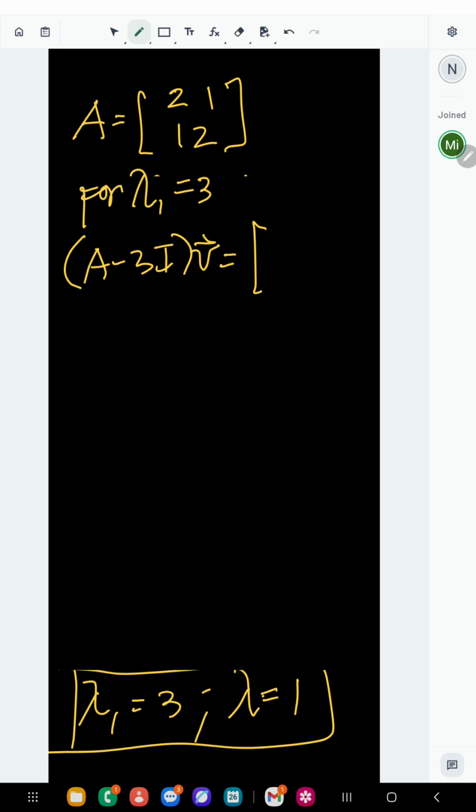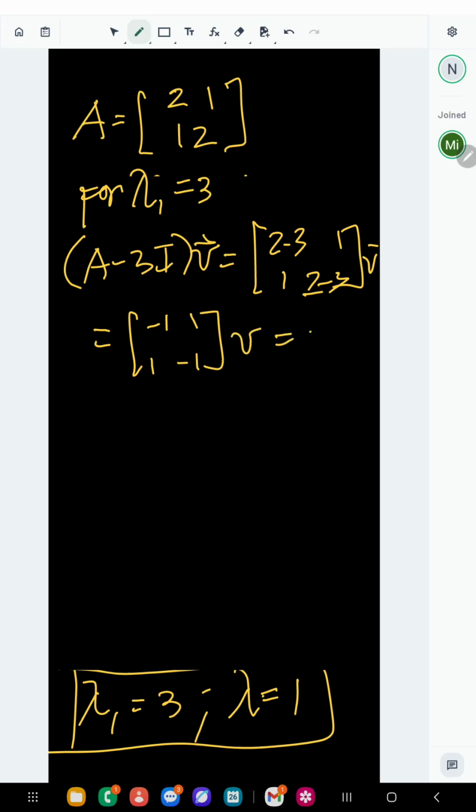So you have 2 minus 3, because that is lambda 1, 1, 1, and then 2 minus 3. It's the same: 2 minus 3 is negative 1. Then times the vector, I forgot, and that is equal to 0. So this is just negative 1, 1, 1, negative 1, times the vector equals 0. So that is the eigenvector of eigenvalue 3.